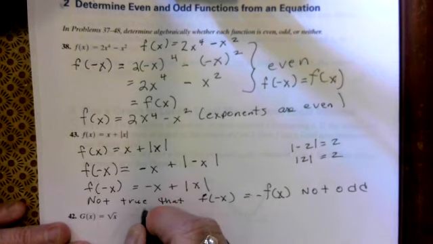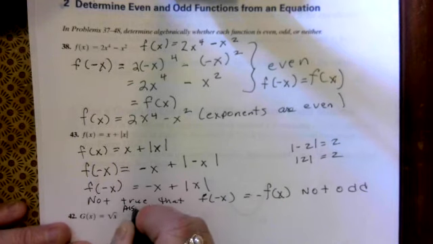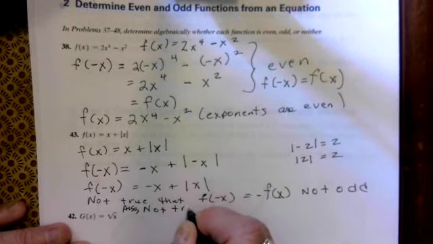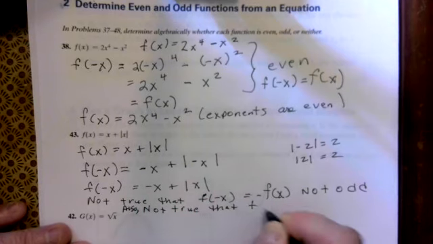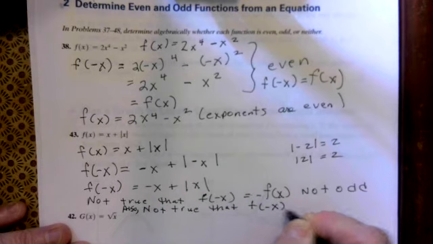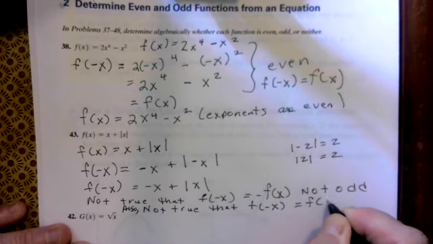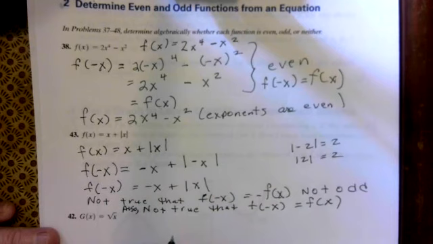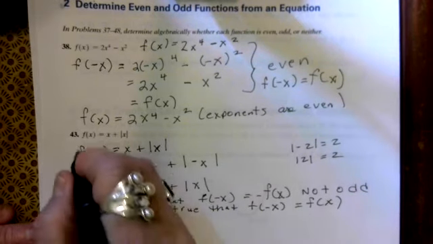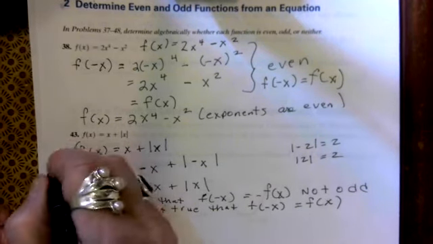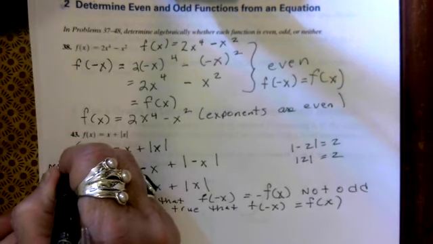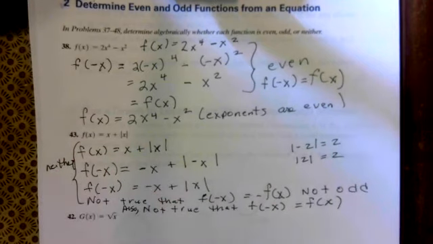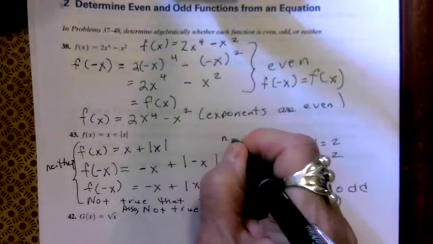And it's also not true that f of negative x equals the same thing as f of x, like in the first example. Neither one of those are true. So what we say is this is neither. It's neither even nor odd. And plenty of functions are neither.